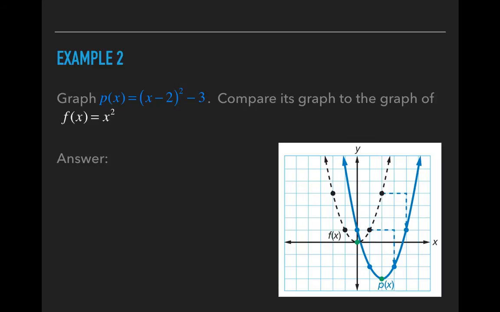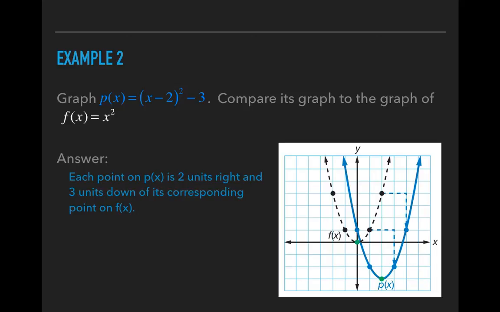This whole graph has shifted over 2 and down 3 units. Every point on P is 2 units to the right and 3 units down from that corresponding point on the parent function. So that's a nice comparison.